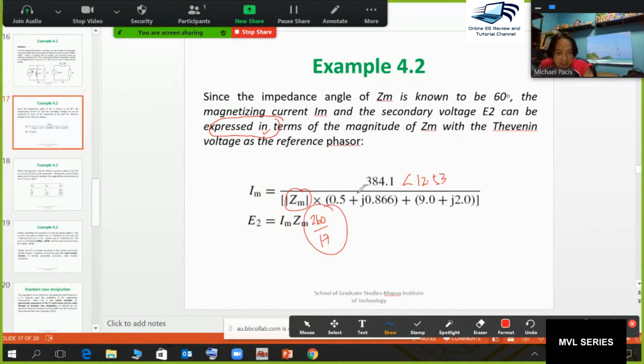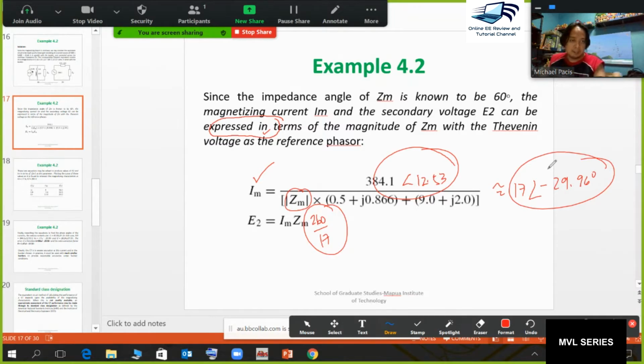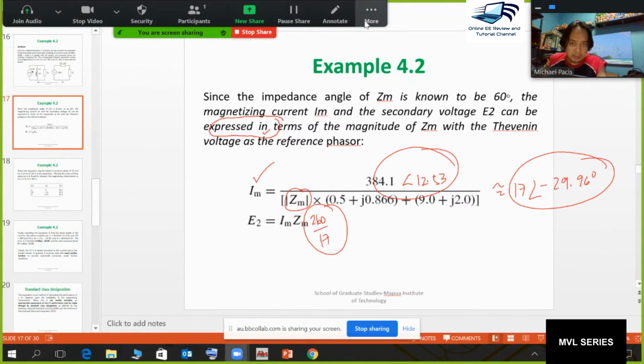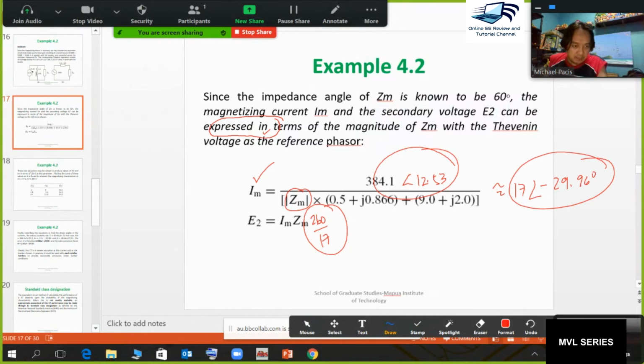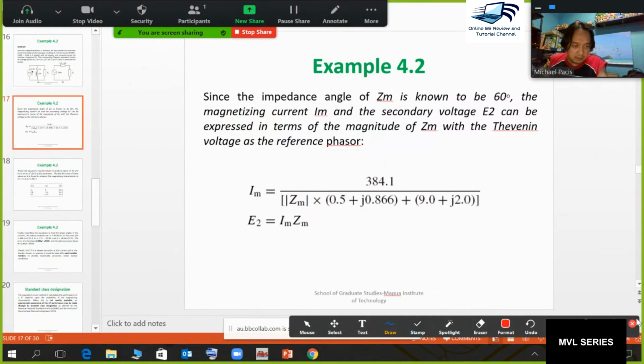If you do so, the IM here is approximately 17 at angle negative 29.96 degrees. So you can now get the other parameters of the system, and then you can now get the error, and you can now get the ratio. So that's what happens on the next few slides, as you can see here.